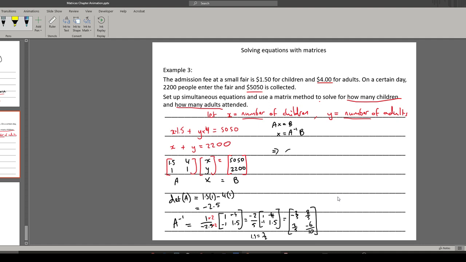So it follows on, x is equal to the inverse we just found, multiplied by B, which is over here.